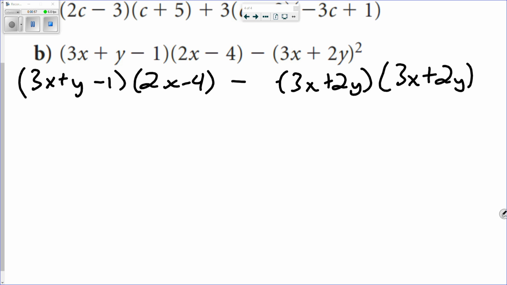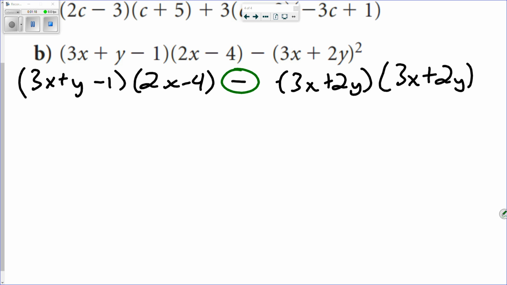So we're going to have a lot going on here. We're going to have a lot of terms. We're going to have to be super careful because of this negative sign right here. So let's start by distributing that first multiplication and get that squared away.